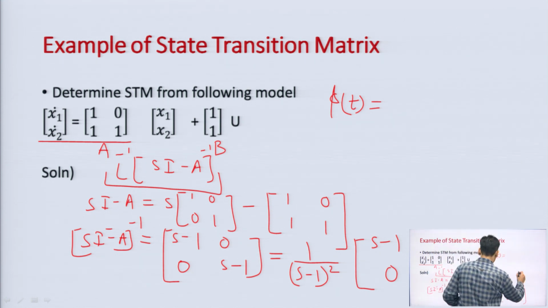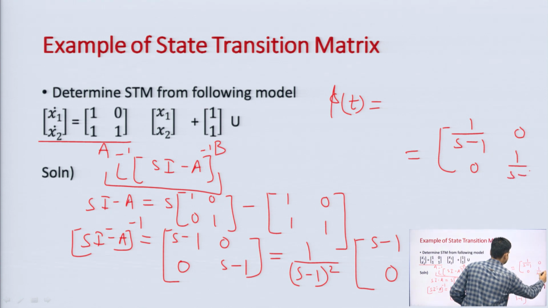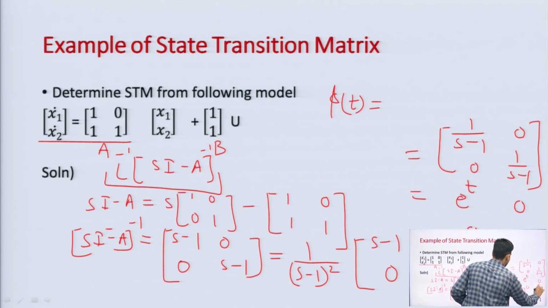If I multiply the 1 over (s minus 1) whole square factor with the inner matrix and further solve it, this will give us e to the power t on the diagonal, [e^t 0; 0 e^t] matrix.